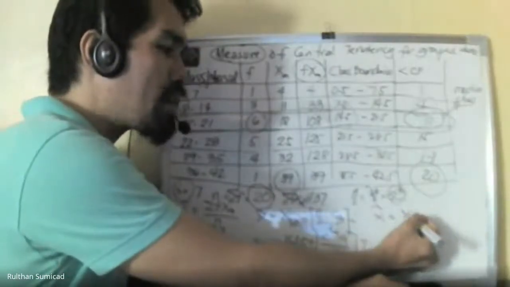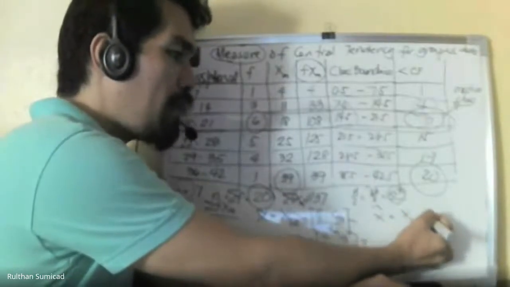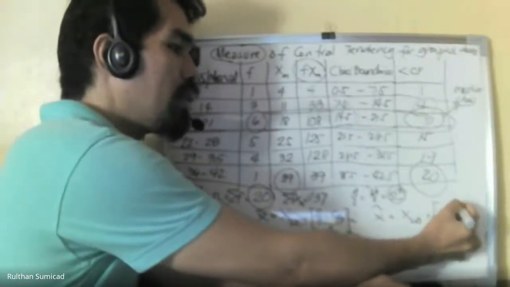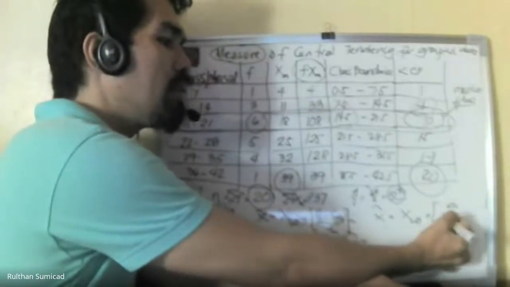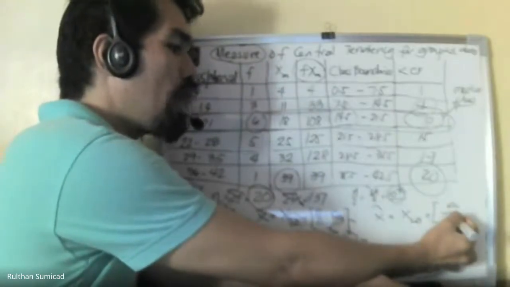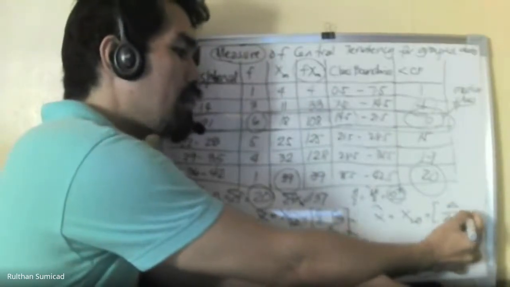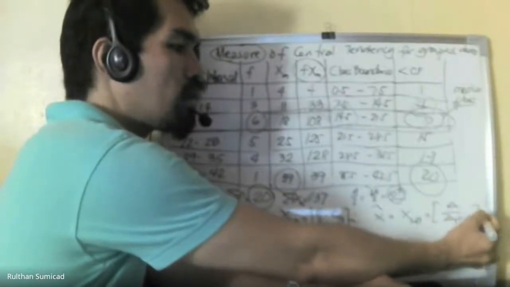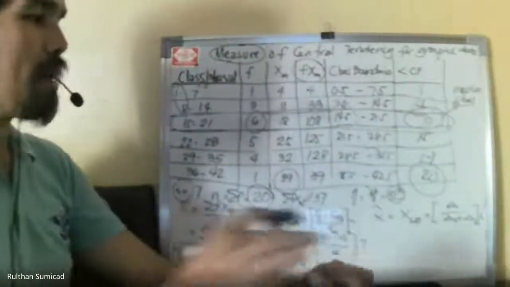Our formula is simply XLB plus delta 1 divided by delta 1 plus delta 2 times I. Okay, that is our formula.